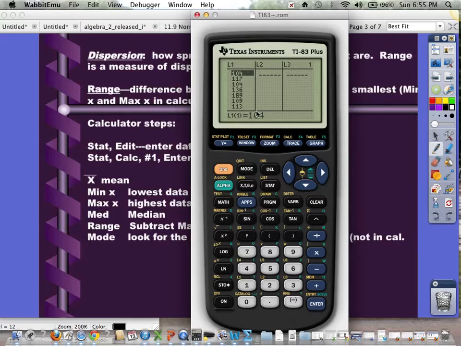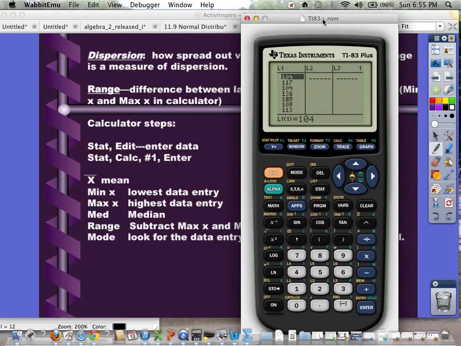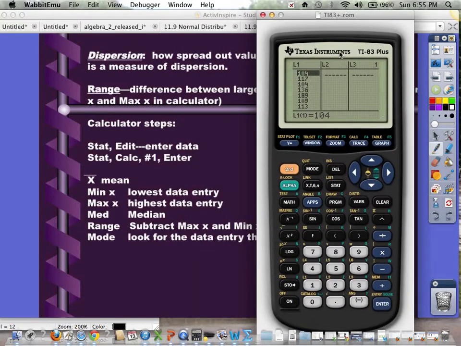All right, now, when we want to find the mean, median, mode, and all those things, you're going to use stat edit in your data. Then you're going to go back to stat calc, and you're going to hit number 1, which is 1-Var Stats. Hit enter, enter, and it'll give you a whole bunch of stuff.